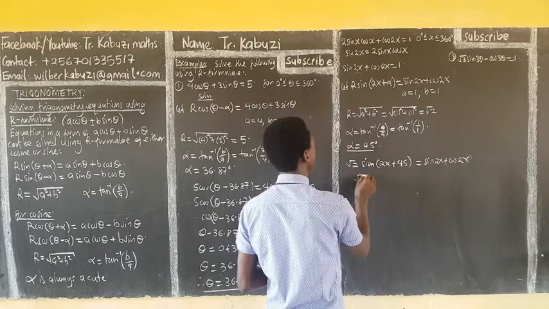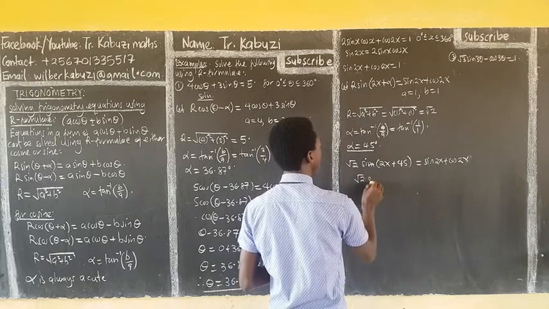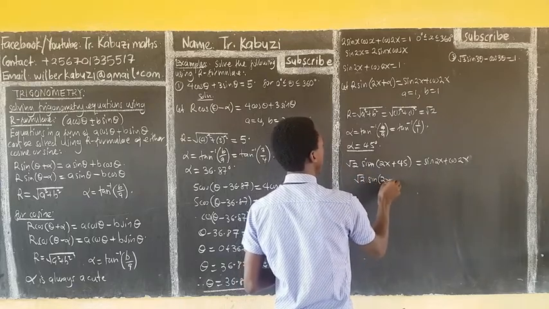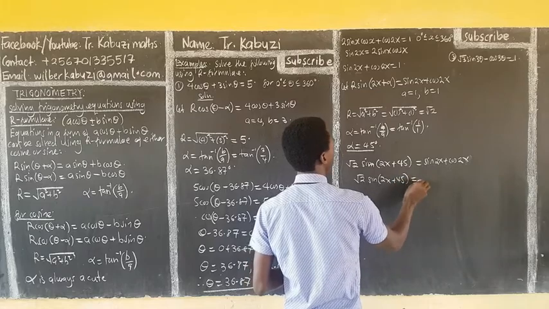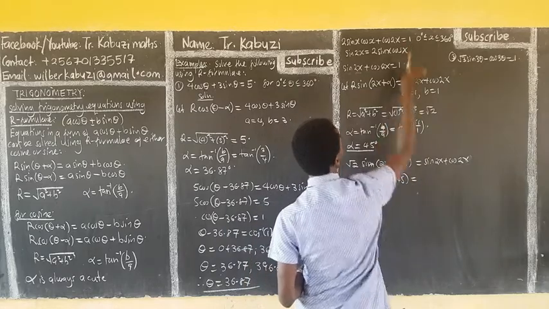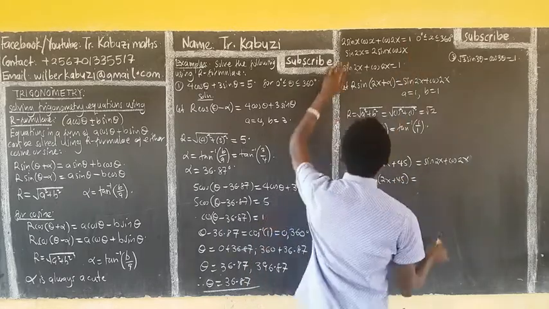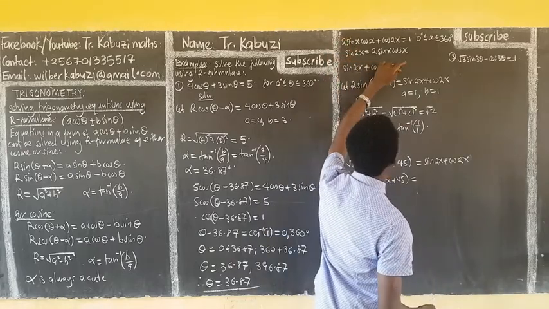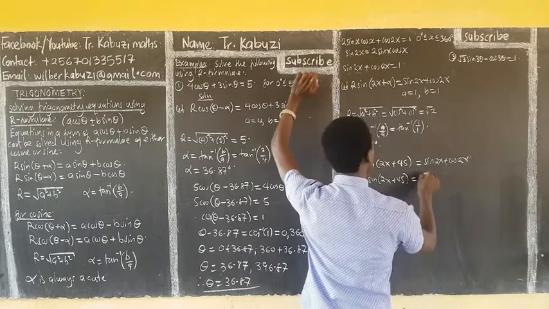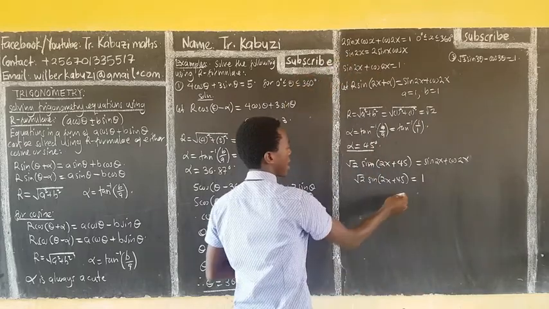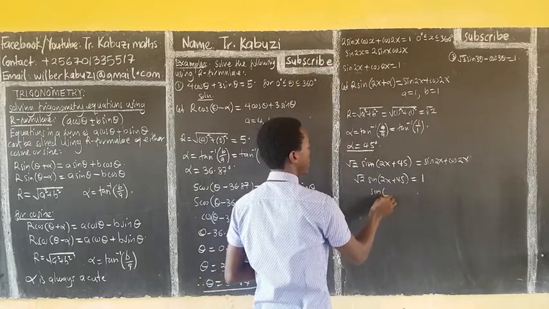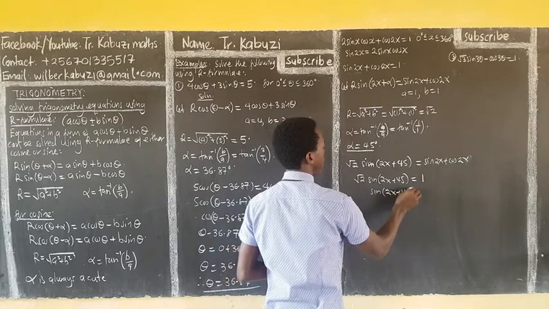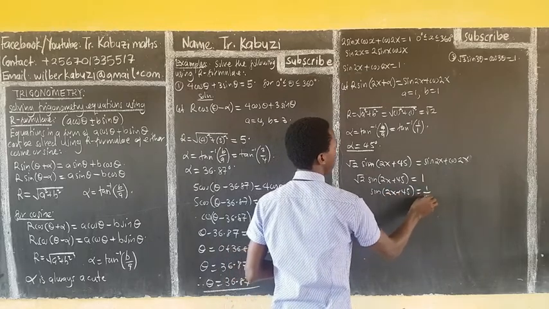So I have root 2 sine(2x plus 45) equaling the whole of this from the question, sine 2x plus cos 2x. Now for me, sine 2x plus cos 2x is 1. So can I divide? I have sine(2x plus 45) equaling 1 over root 2.